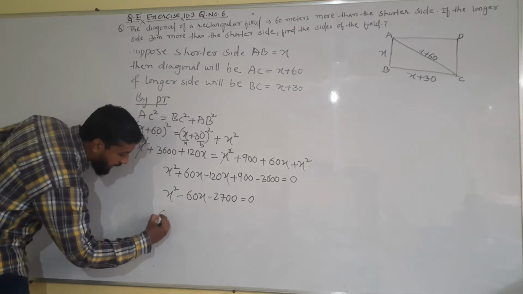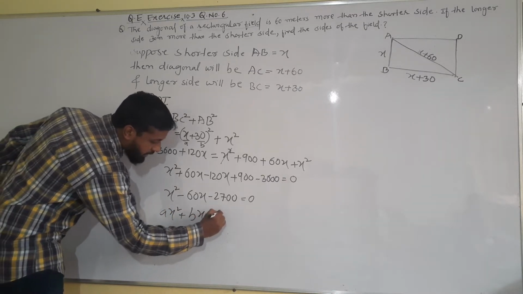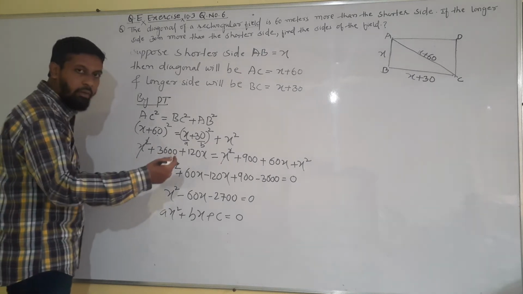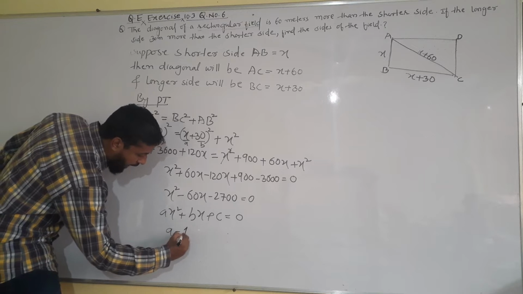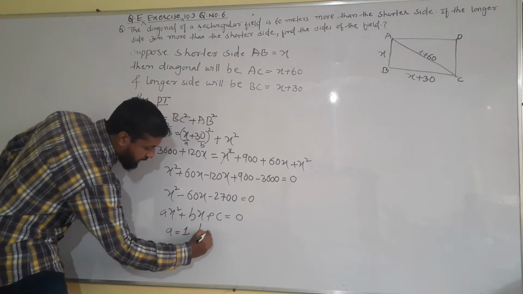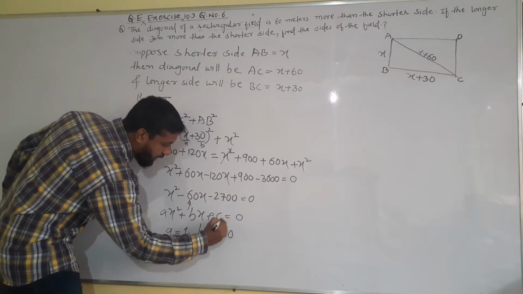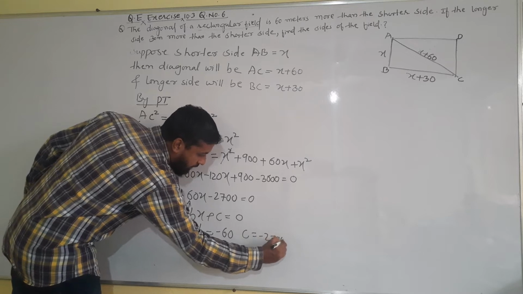By comparing with the standard form ax square plus bx plus c is equal to 0, we will go by the formula method to find the value of x. We know a is equal to 1 and by comparing, b is equal to minus 60 and c is equal to minus 2700.